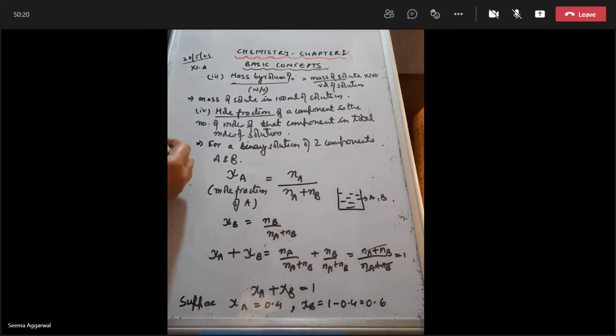Now for the homework, just write down question numbers 1.1, 1.2. If any question we have done earlier, then don't do that. 1.3, 1.4, 1.5, 1.6, 1.7, 1.8, 1.9, 1.10, 11, 12, 13, 14.